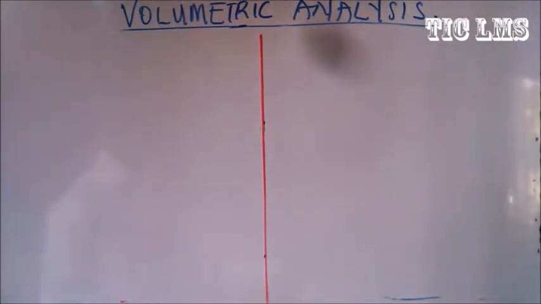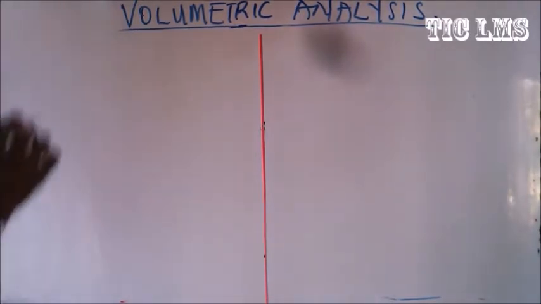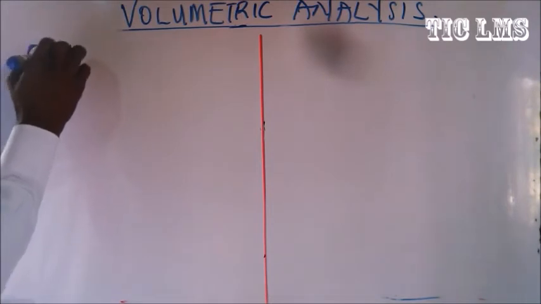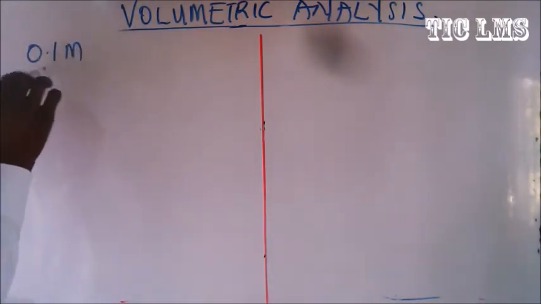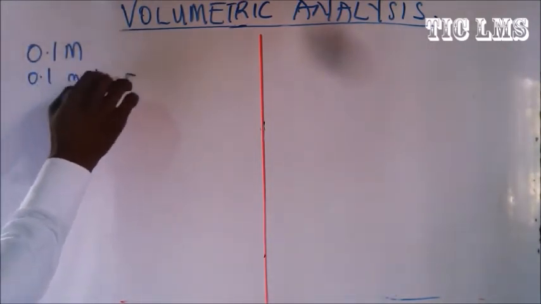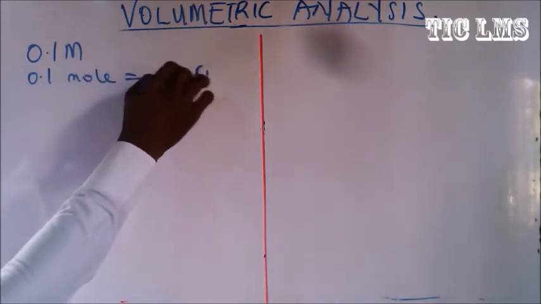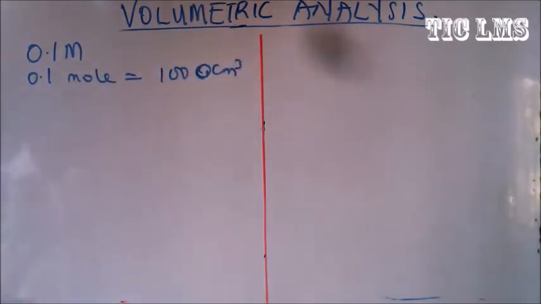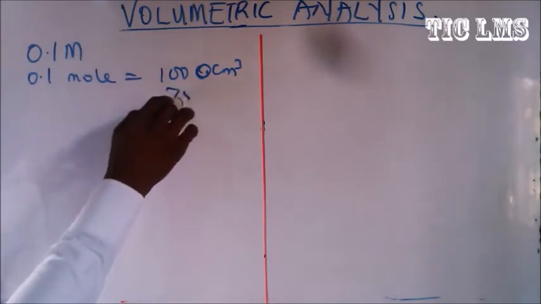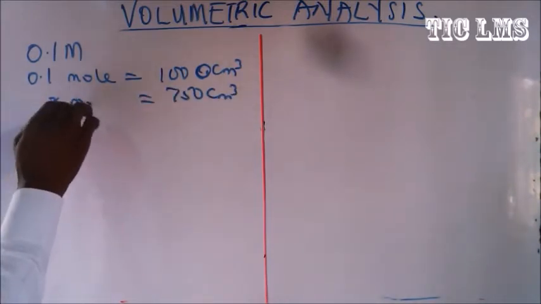Alright, so in this next one, we have to find the mass of solutes in 750 cm³ of 0.1 molar solution of calcium chloride. And so we have 0.1 molar, which is 0.1 mole in 1000 cm³. But in 750 cm³, how many moles are we going to have?